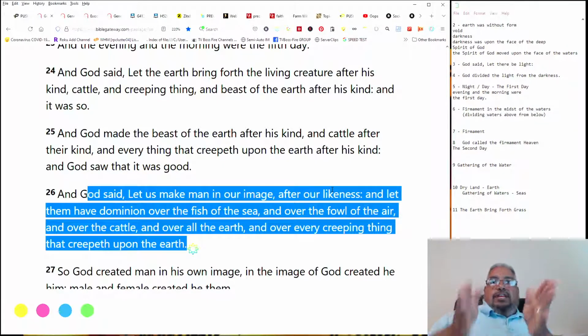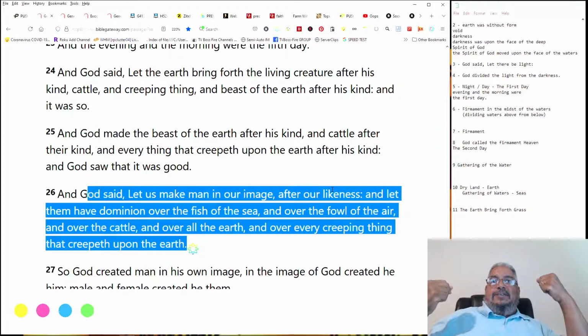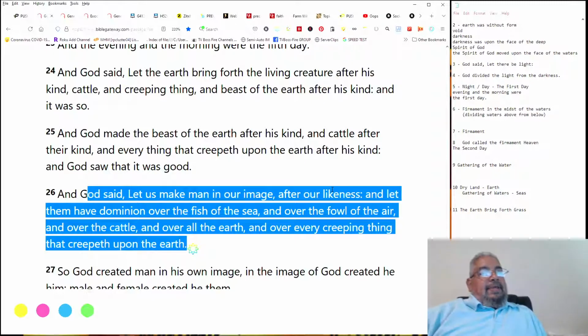God just brought it right up here and brought man into reality in his likeness and image. And that's what made the difference in terms of the capability, the senses of man, the capacity of man, and sets up the scenario that the rest of the Bible is based on.